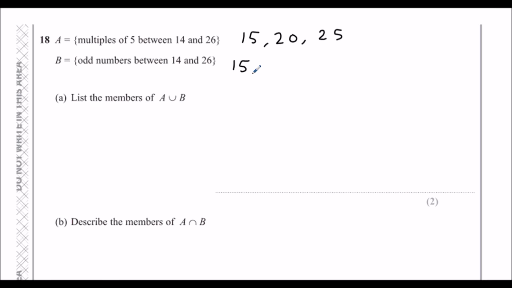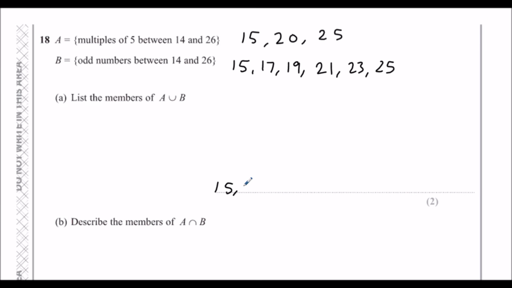So 15, 17, 19, 21, 23, and 25. List the members of the union of A and B. So that means anything that's in A and anything that's in B is all counted. So that's all of the numbers here. So we just need to write them all down.